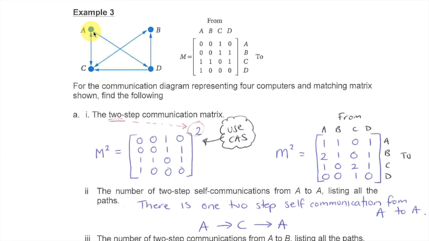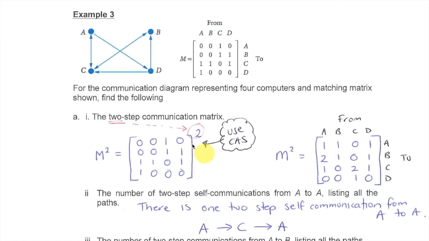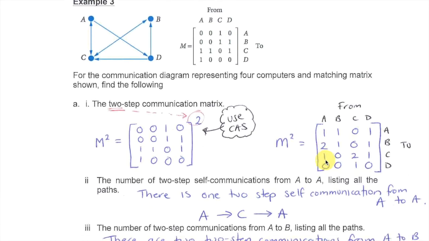If we go from A down to D, then to B, that works, and that involves two steps. The second one listed was ACB. Here we start at A, go down to C, and then up to B. They should be the only two-step communications that take us from A to B, and we know that because of the M squared matrix.